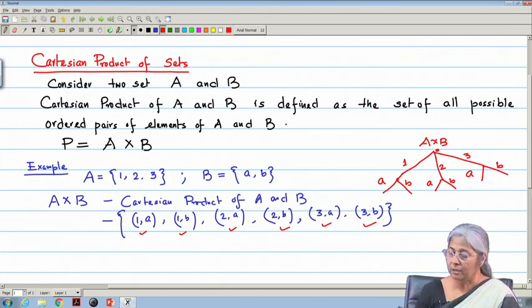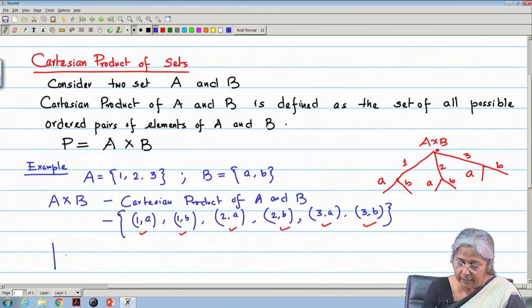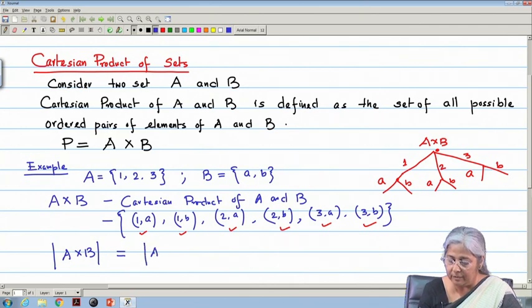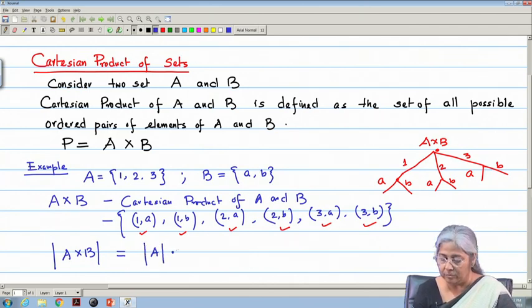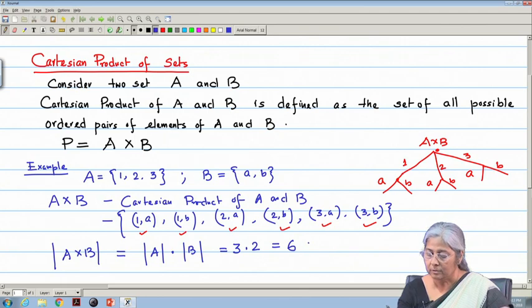So, what is the cardinality of this set A cross B? It is cardinality of A into cardinality of B. In this case cardinality of A is 3 and cardinality of B is 2. So, this is 6, which is equal to the cardinality of B cross A.